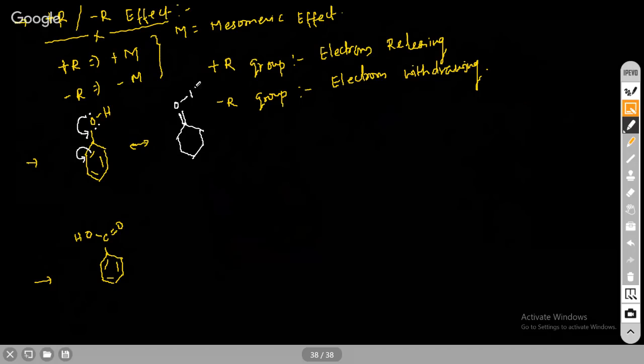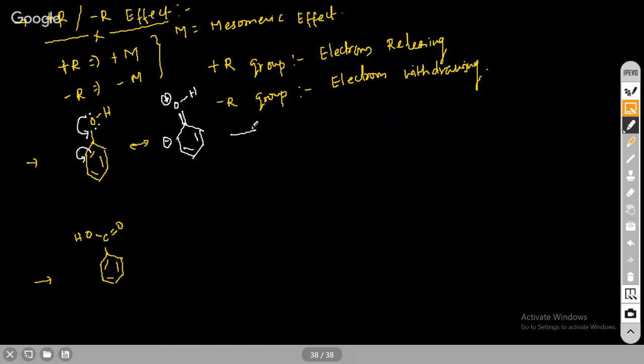Now when this oxygen shares its electron into the bond pair, it will have a positive charge on it. And now this pi electron comes over here, so this carbon will have a negative charge, and all other bonds will be as they are. This is one resonating structure.